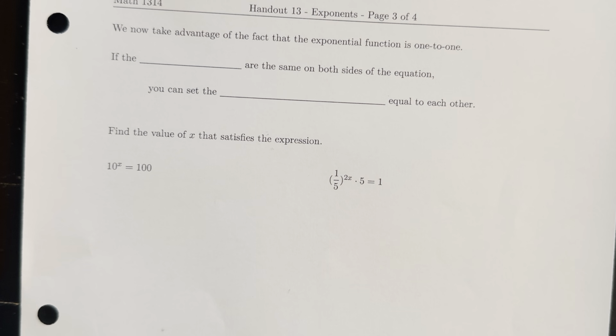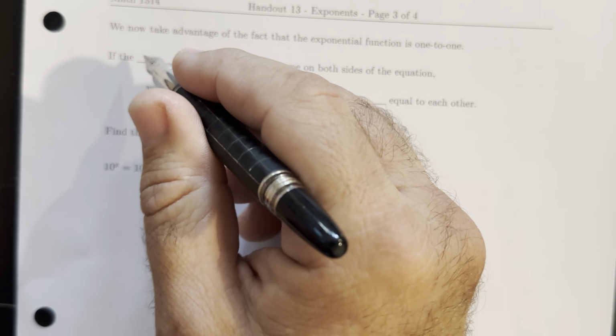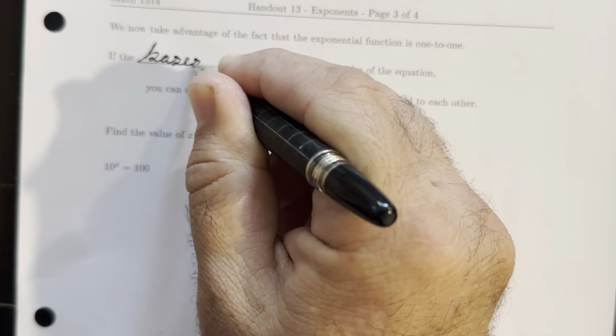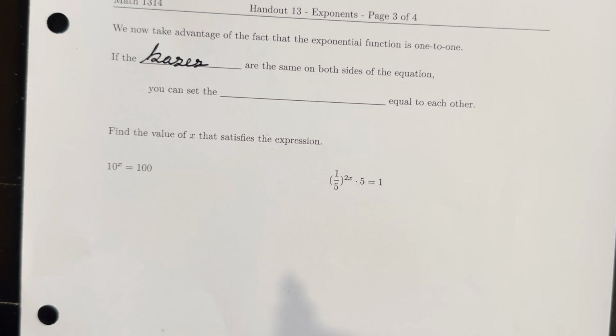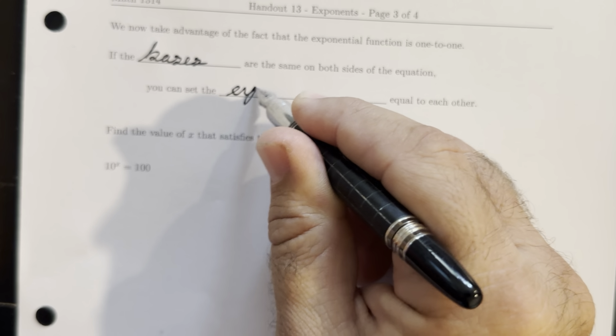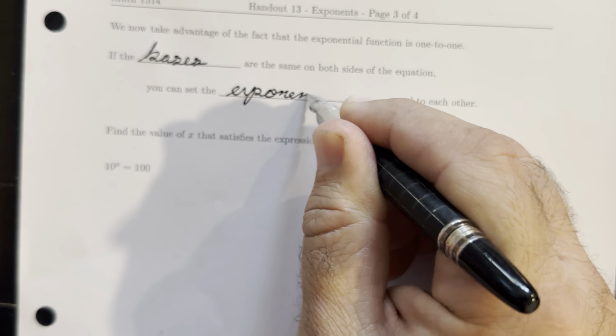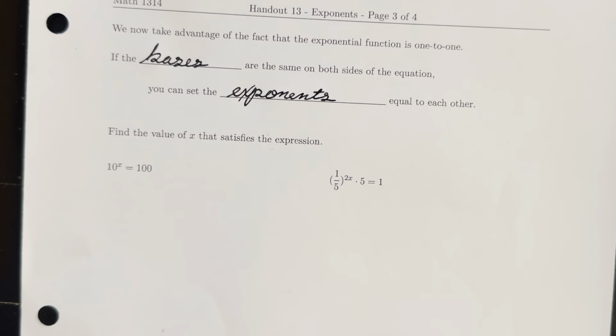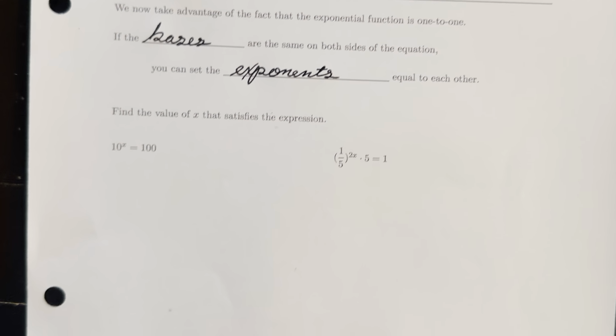When we're looking at two sides of an equation where we have an exponent on both sides, if the bases are the same on both sides of the equation, you can set the exponents equal to each other. All right, and that's exactly what we're going to do in these examples.